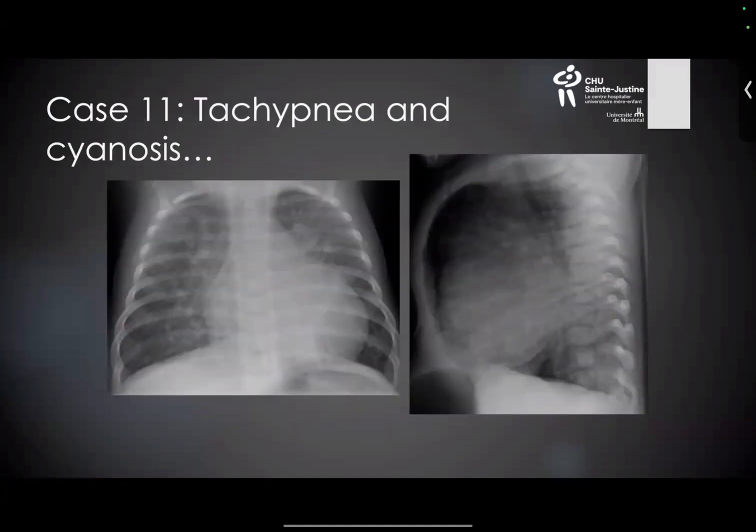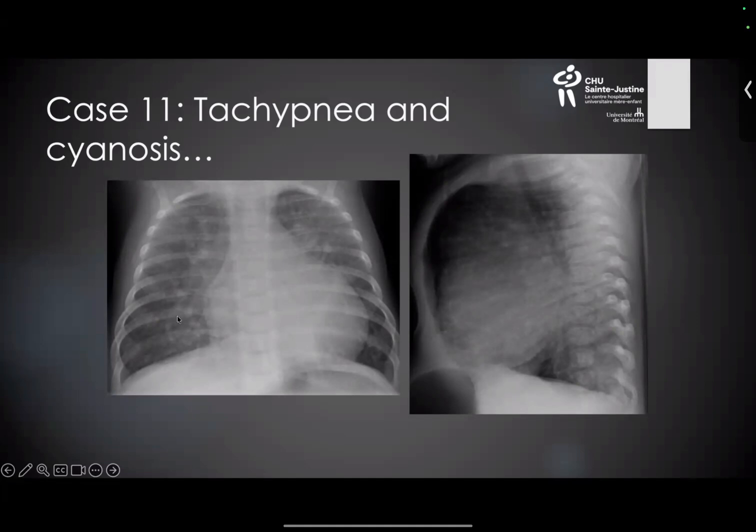So you have a little baby who is tachypneic and cyanotic too. So what do we see? In that case, the aortic knob is on the left, pulmonary heart apex on the left, and the stomach bubble on the left. So you're okay. And then the heart, is it big? Yes, the heart is big. You have a huge hyperinflation.